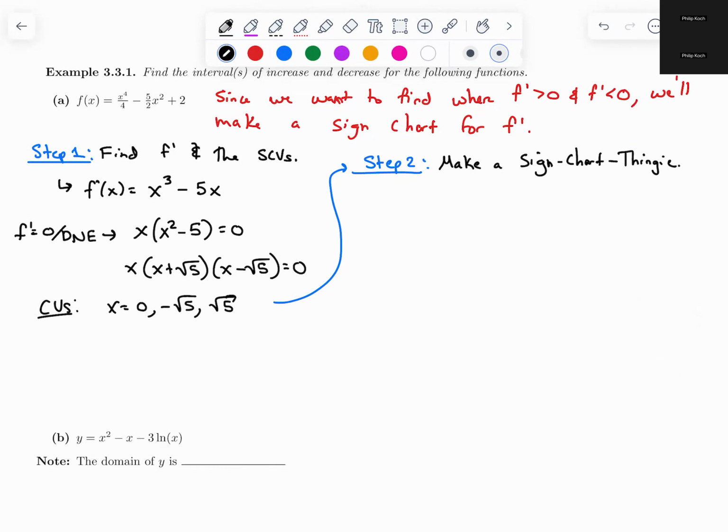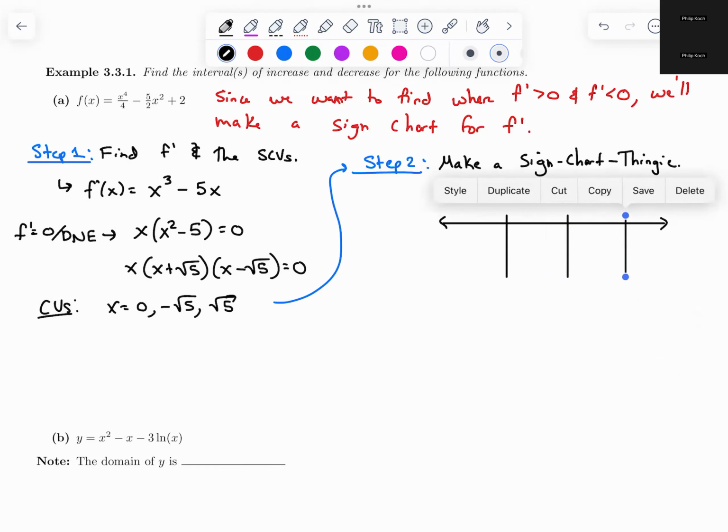A sign chart thingy is not exactly a sign chart because the way I draw these ones is a little bit different because I add a little extra thing to it to make sure I distinguish between the two of them. So I'm going to draw a number line. And we're going to draw a bunch of tick marks, 3 tick marks in particular, 1 for each critical value.